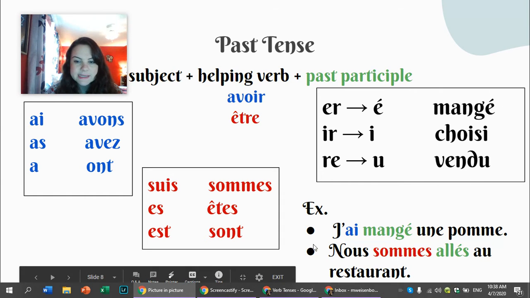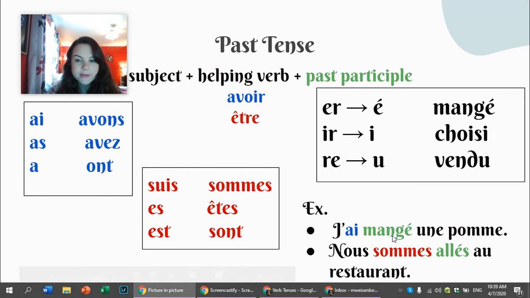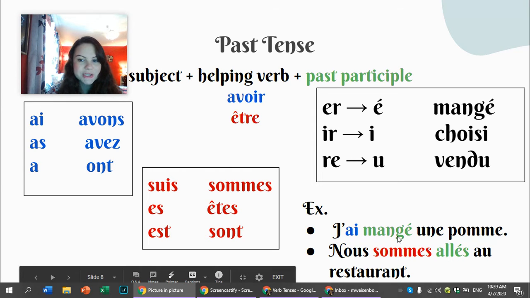All right, here's an example of two sentences in the passé composé, one with avoir and one with être. J'ai mangé une pomme. So we have the subject, je, then the helping verb, avoir, conjugated with the subject, ai, and then the past participle of manger, which is mangé, just spelled a different way. J'ai mangé une pomme. Then the être example: nous sommes allés au restaurant.